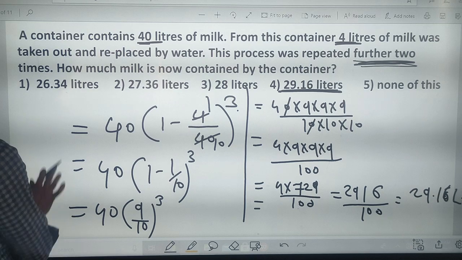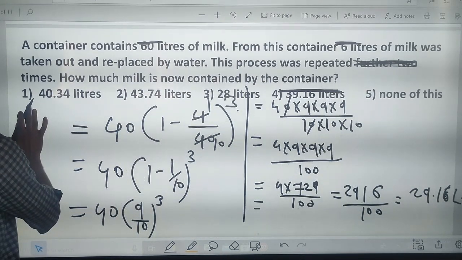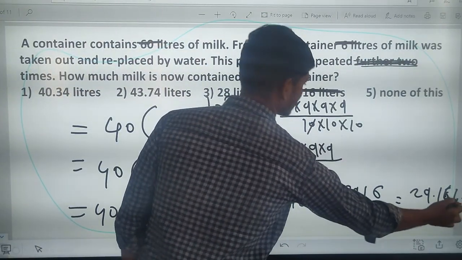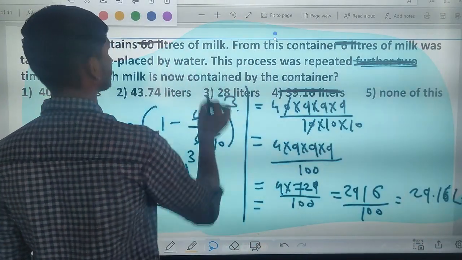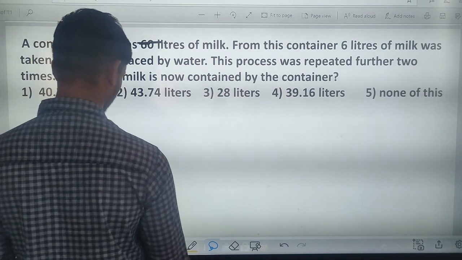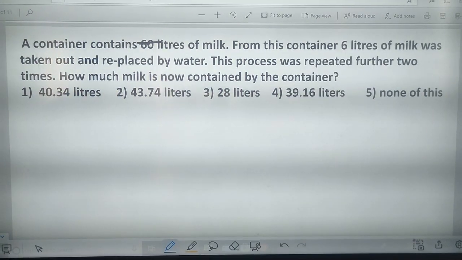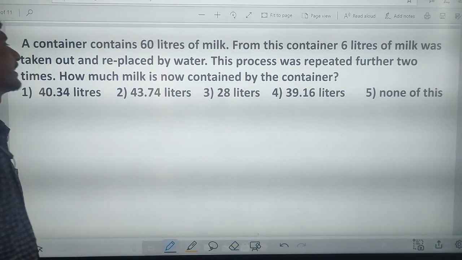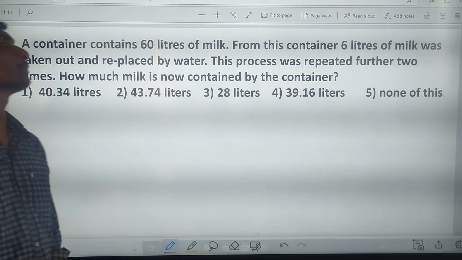Next. A container contains 60 liters of milk.